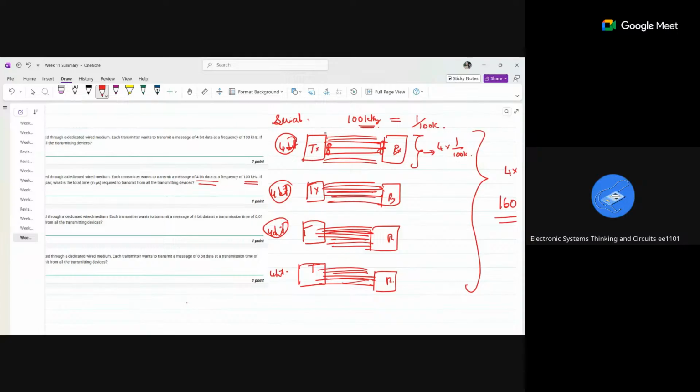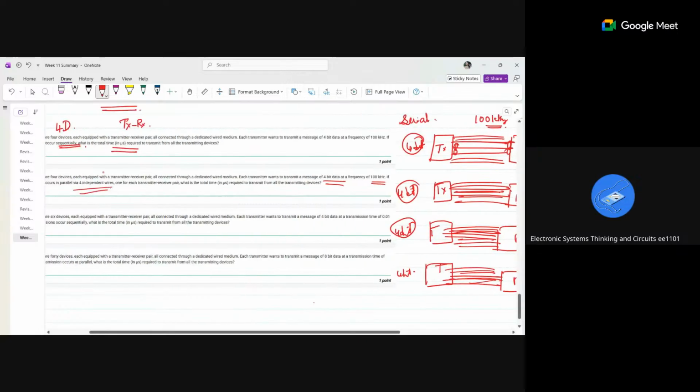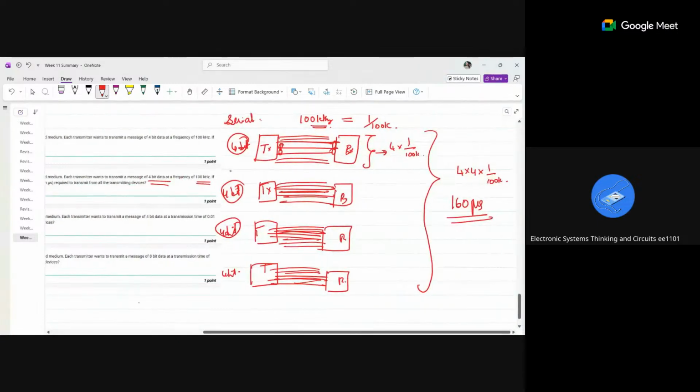They didn't say anything regarding what is happening between devices, so we'll just take this as a parallel connection. All 4-bit data through all the 4 devices are traveling at the same time t. So t is equal to 1 by 100k. So it is 10 microseconds. 10 microseconds is the answer.